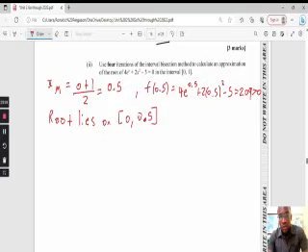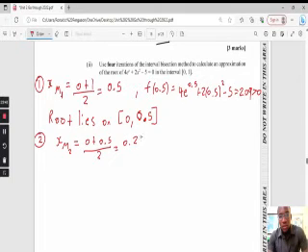Now remember, this was just one bisection. Let's do it 4 times. Second bisection: xm2 is the average of 0 and 0.5, so 0 plus 0.5 divided by 2, which is 0.25.